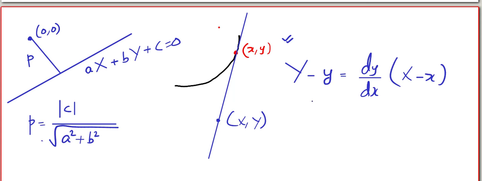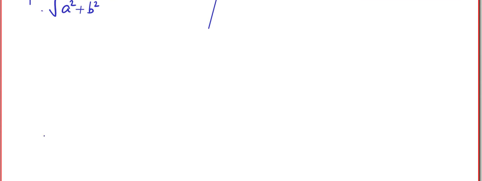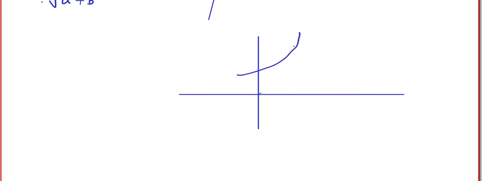So point number 1, equation of tangent. Point number 2, distance between origin and the tangent. So this is the formula for p. Okay, now the third one. We have the curve and we have every point small x comma small y. So we need one measurement, that is the distance from origin to the point, that is our r.